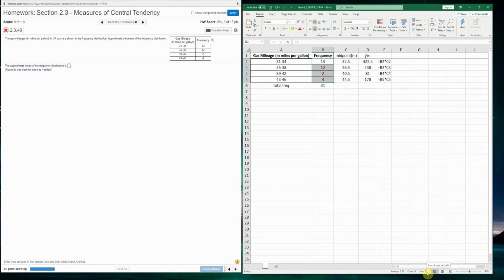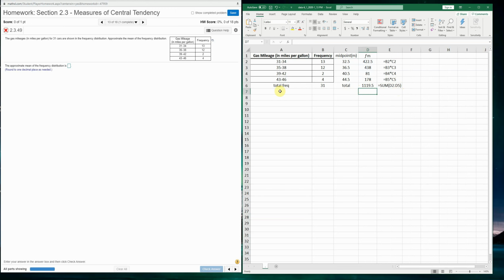It tells me 31, but that's okay. I'm going to do the sum of these as well. So I just call it total here. Sum, I hit plus sign, equals sum. Highlight those.